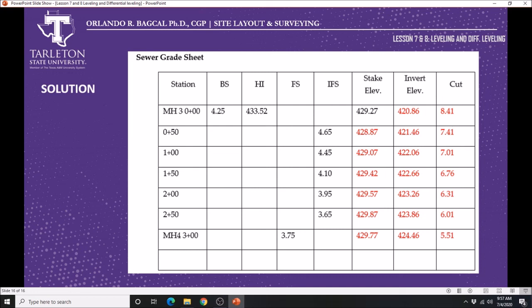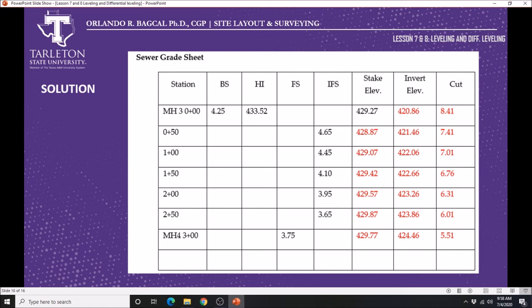Now if you have the thickness and the diameter of the pipe, you can also determine the amount of backfill by subtracting the thickness and the diameter of the pipe. So take note of that. This is the cut all the way to the inside lower face, or lower inside, of the pipe.